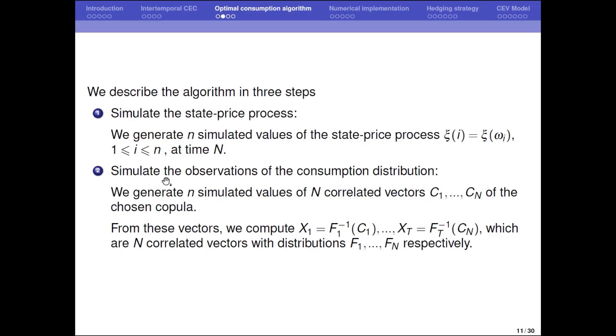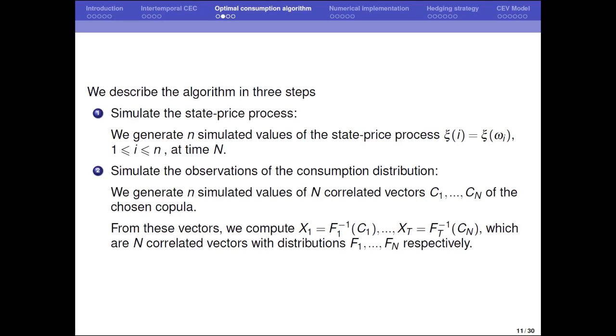So we simulate the state price process, we simulate the observations of the consumption distribution. First, we generate the n simulated values of capital N correlated vectors. Here I call the vectors C1 until Cn.